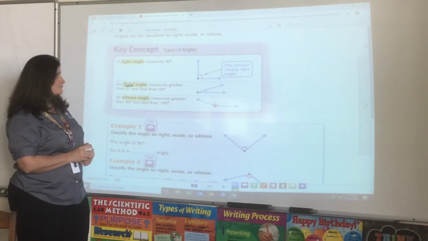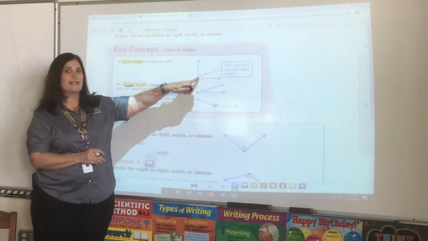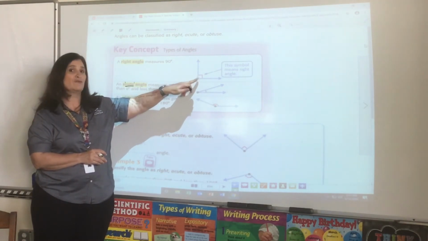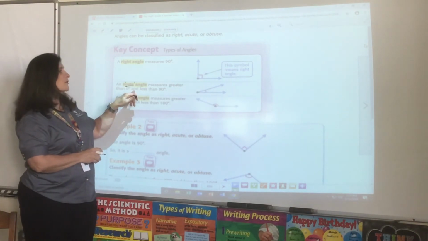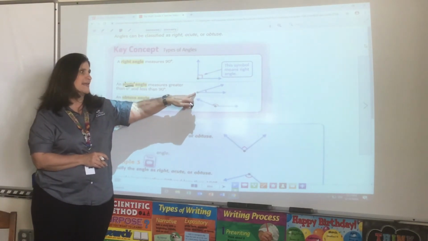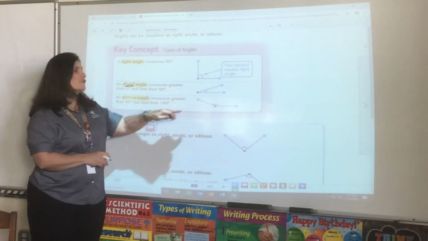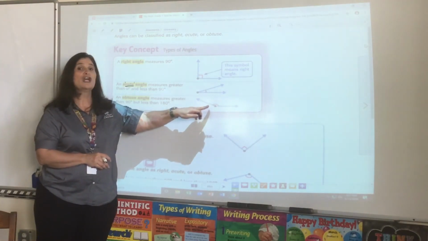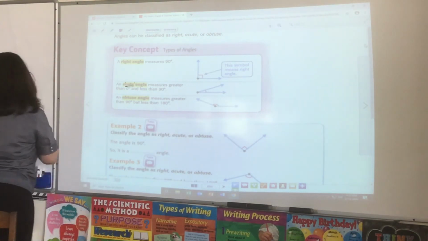So keep this in mind for a right angle, the rays form a square. An acute angle, the rays, when they're connected at the endpoint, are smaller than a right angle. And an obtuse angle, the rays, when they're connected, are larger than a right angle. So let's keep this in mind for example 2.